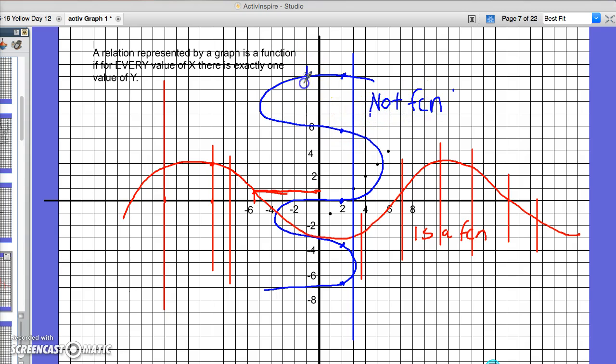There are actually many, many places, but the fact that it happens even once means that this one is not a function. So the vertical line test is a great test to use to tell if something is a function. You can just check and use the vertical line test. That's it.